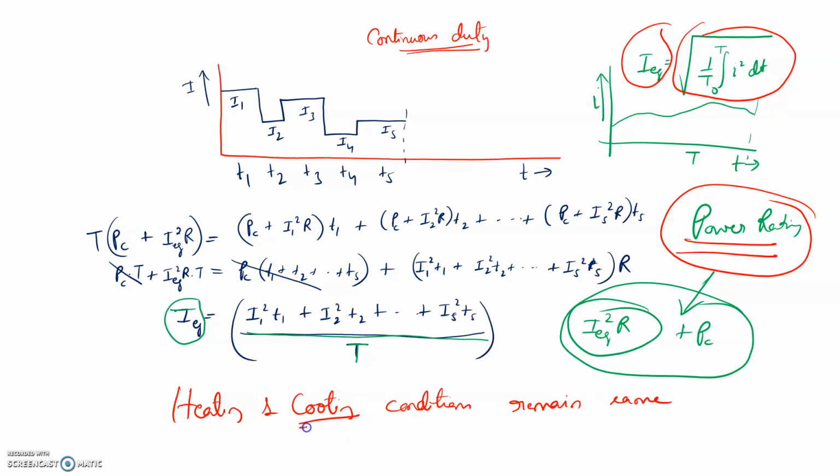But we know that the cooling condition will not remain the same. It depends on the speed. If the speed is high, the cooling will be faster. If the speed is less, the cooling will be slower.